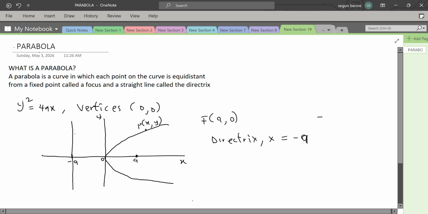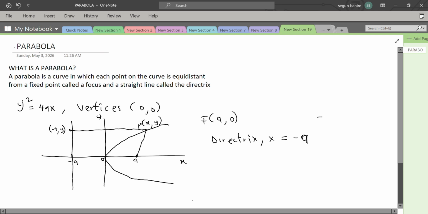The definition of a parabola says that the distance of the point that moves on the curve to the focus is equal to the distance to the directrix. So this is the directrix. At this point, the x coordinate is minus a, while the y coordinate remains y.